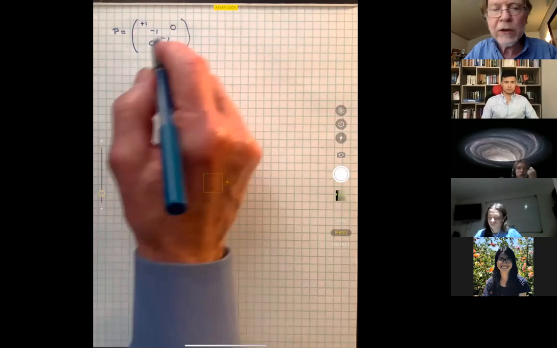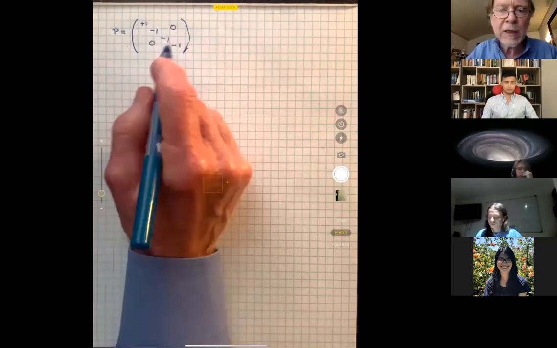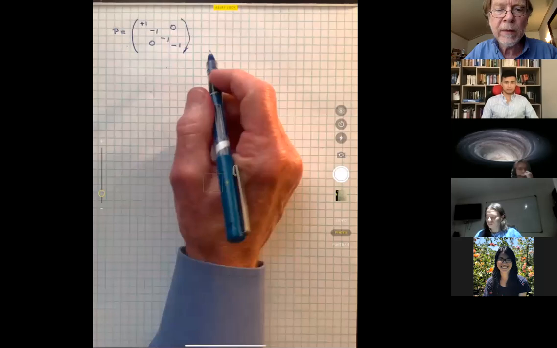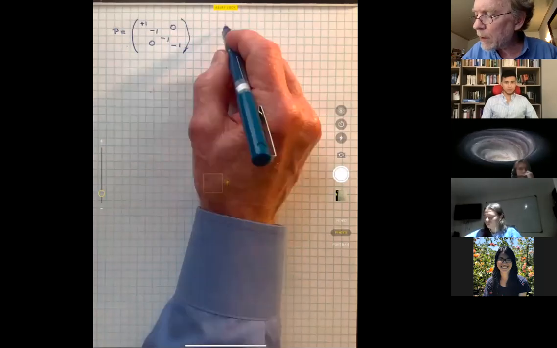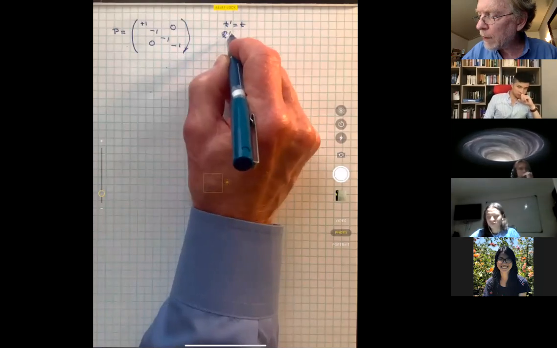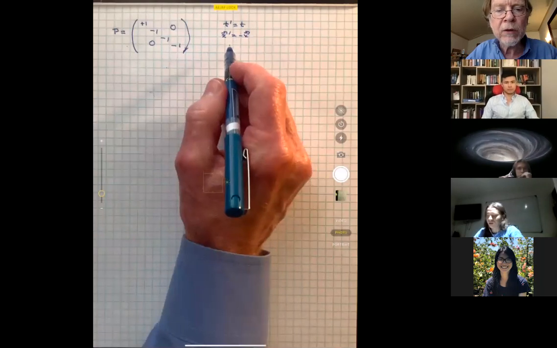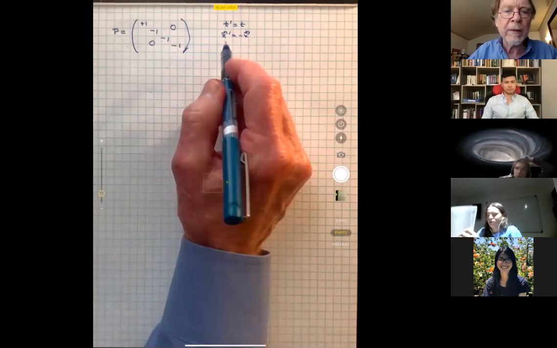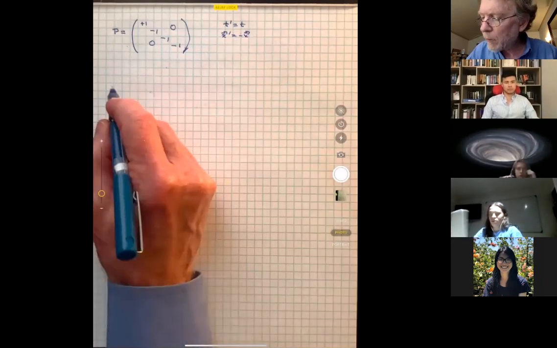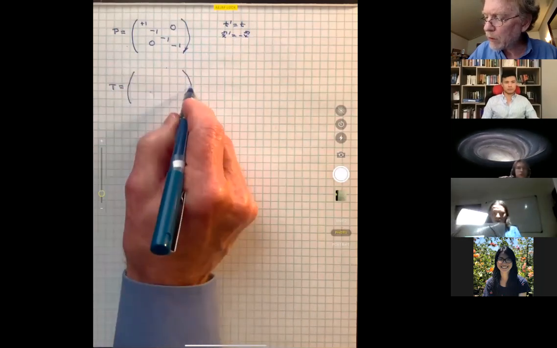You can easily check that this satisfies the condition given on the last page I wrote for a Lorentz transformation. And you can see what it does is it says that t prime is equal to t, but x prime is equal to -x. So it is the spatial inversion, or the classical version of what we call the parity transformation in quantum mechanics.